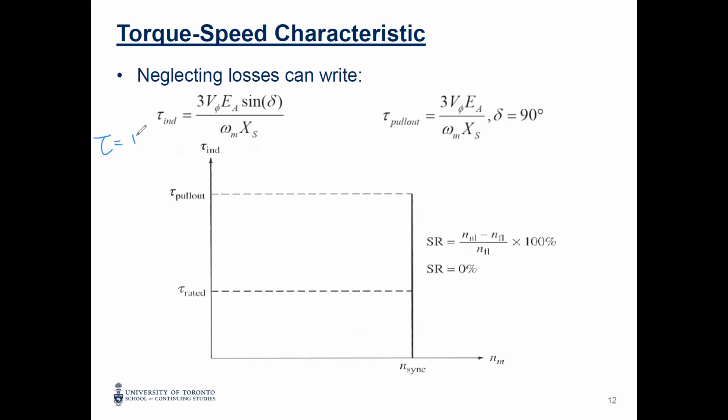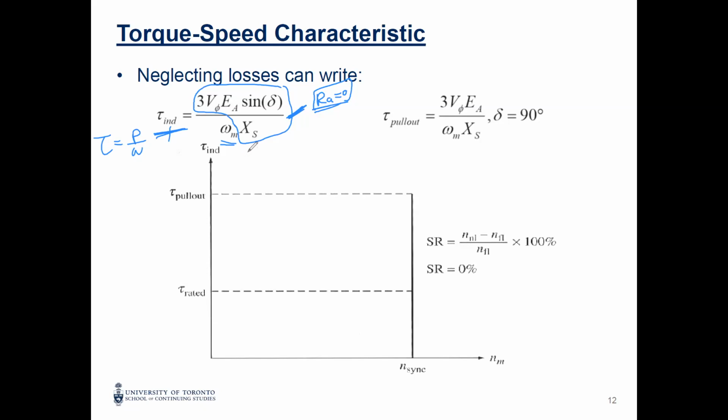So for this one, what is the torque? The torque equals the power over omega. This is the torque, induced torque or developed torque. By using this equation, you neglect the RA, because from the proof, we had RA equals 0.